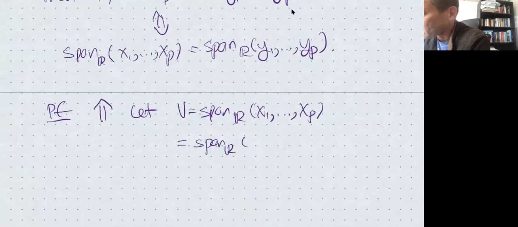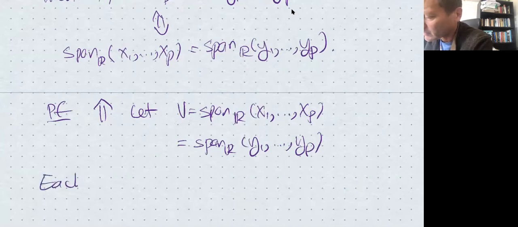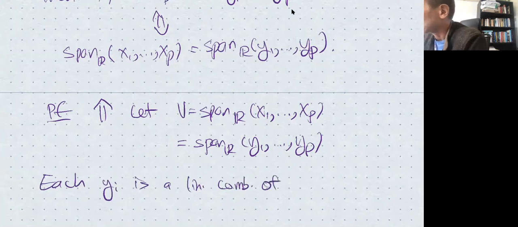It's also the span of the yi's, so that each yi is a linear combination of some of the xj's.